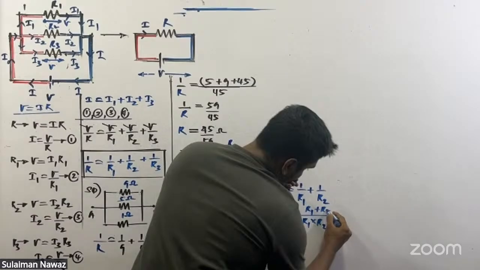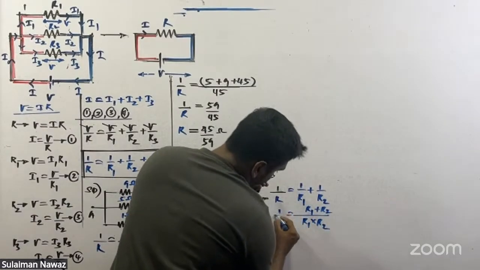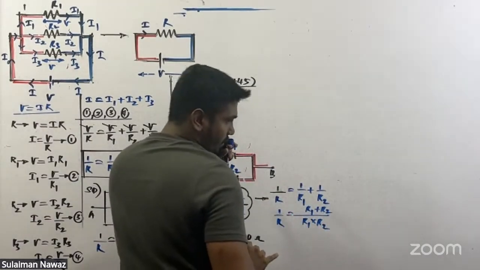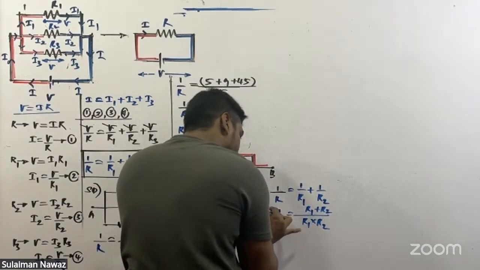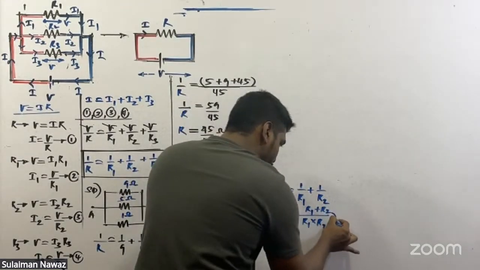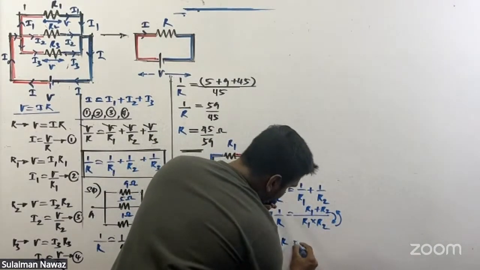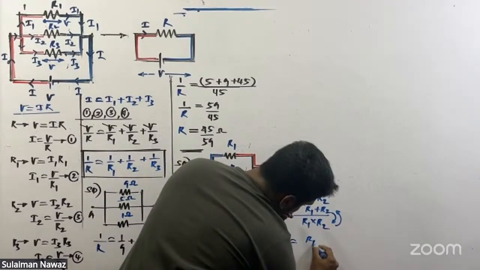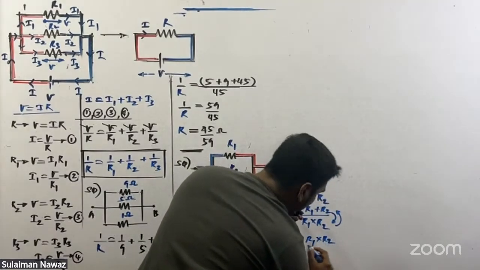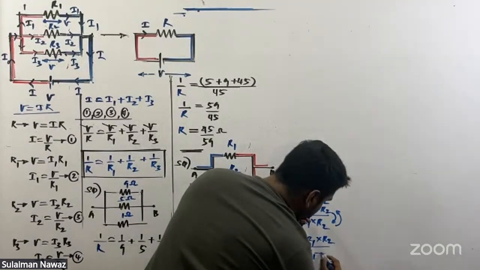So 1 over capital R is this, and taking the reciprocal, capital R equals R1 into R2 over R1 plus R2.